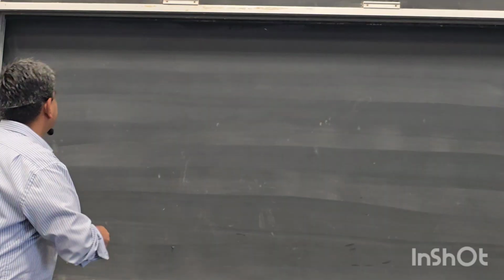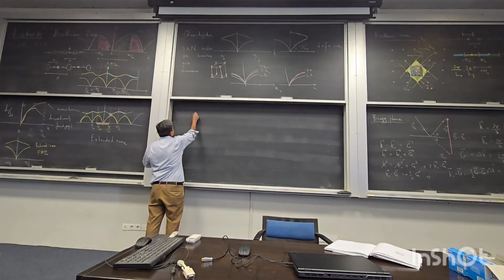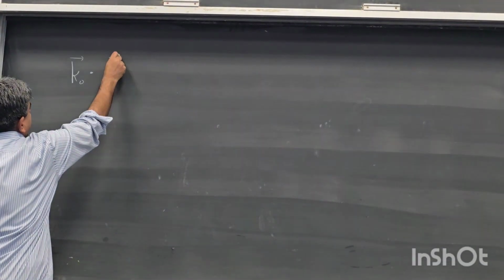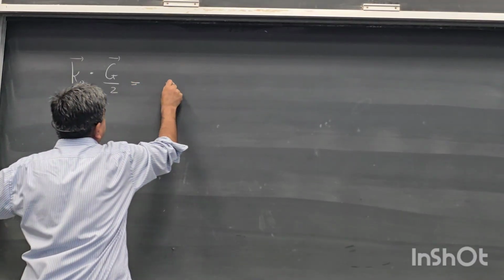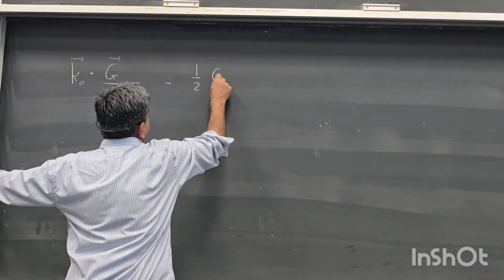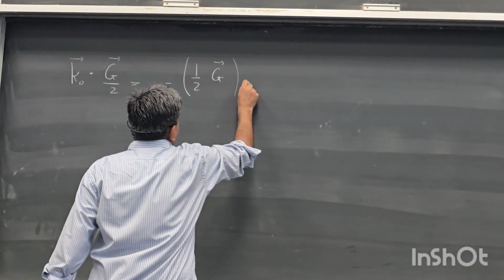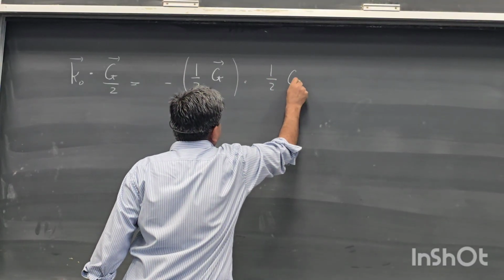Now I divide both sides by 2. So it means k naught dot product with g over 2 equals minus half g dot with half g.